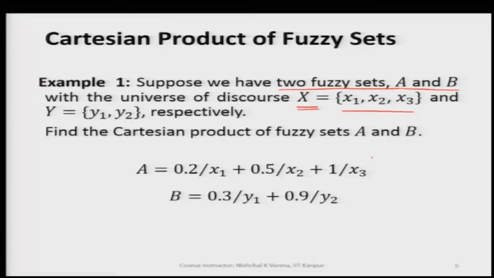A is 0.2 by x1 plus 0.5 by x2 plus 1 by x3. This is fuzzy set A, and B is equal to 0.3 by y1 plus 0.9 by y2. This is our fuzzy set B, and please note that both of these fuzzy sets A and B are discrete fuzzy sets.